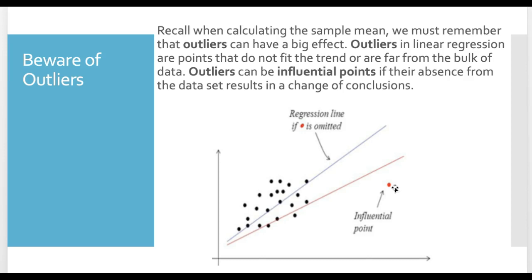But what we do is we remove it, and then we just look at this data here, and then we fit the line. That's what this blue line is here. And so you can see why this point is influential, because the equation of the line without the point versus the equation of the line with the point give you two different lines, which are going to give us completely different conclusions.